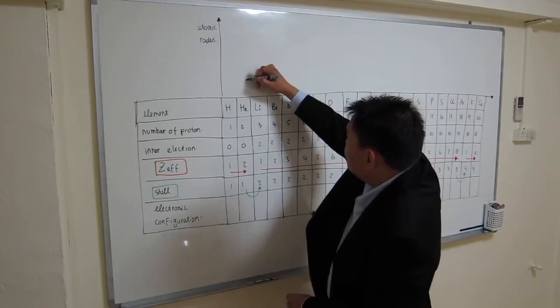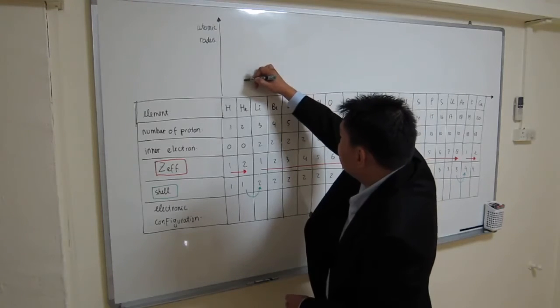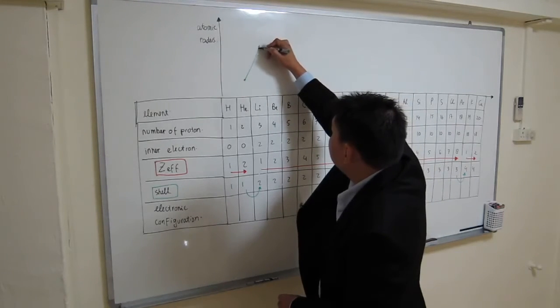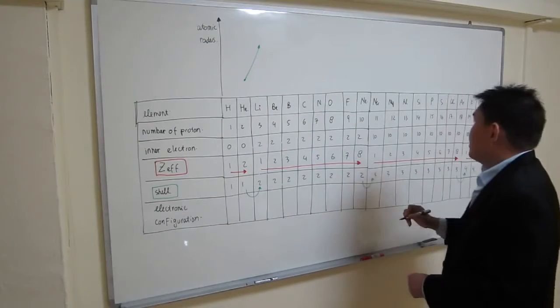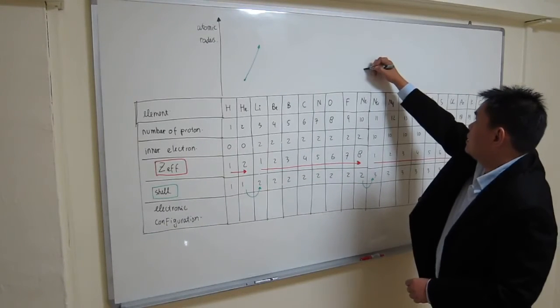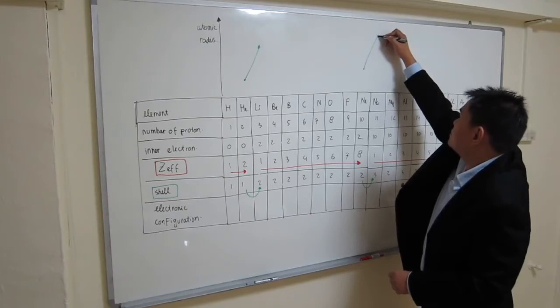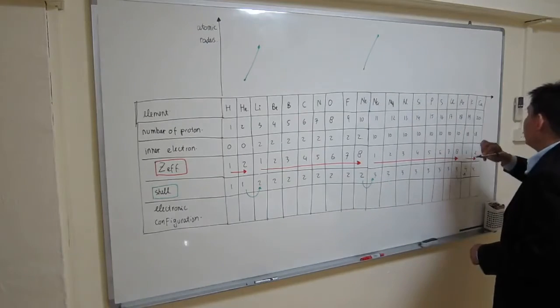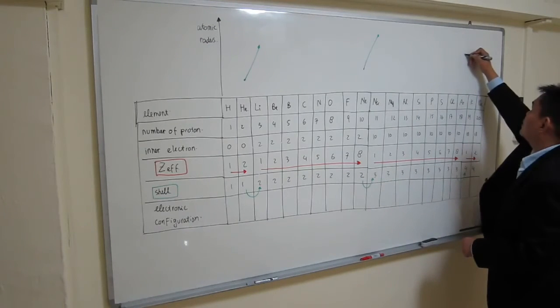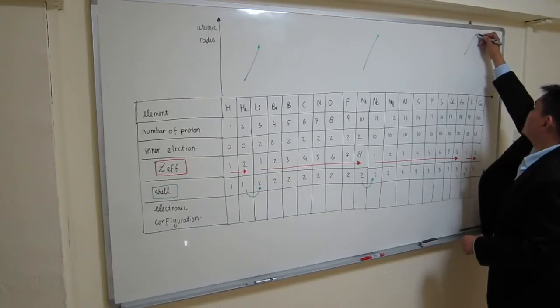So we have a big jump from helium to lithium, and also from neon to sodium, and also between argon and potassium.